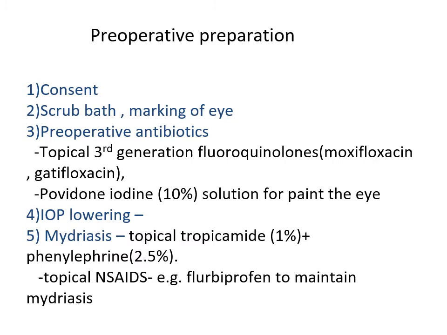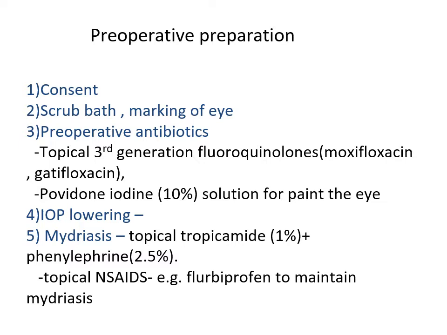Then what is preoperative preparation? So first we have to take the written informed consent of the patient in his own language. The patient is asked to take a proper scrub bath in the morning of the surgery. Then proper marking of the eye is done. Then we should provide preoperative antibiotics to the patient, which is started 1 day prior to the surgery.